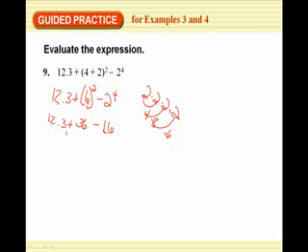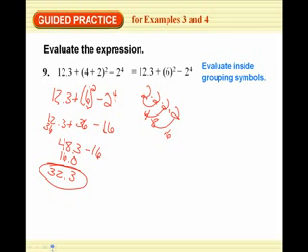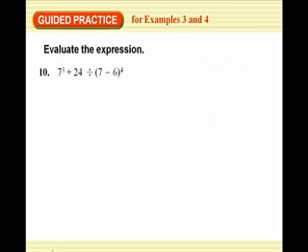So we know we have to add in order, so we do 36 plus 12.3 is 48.3, because you got to line the 36 up under the 12. And then minus 16, we'll write the 16 underneath, because notice I'm lining up place values. 32.3. See what happens. 32.3.